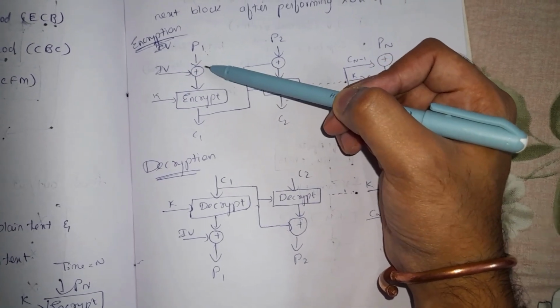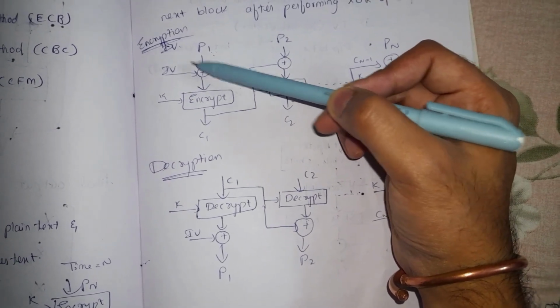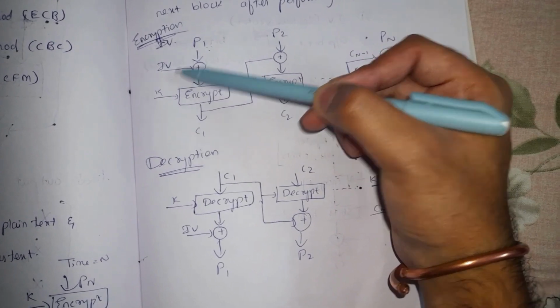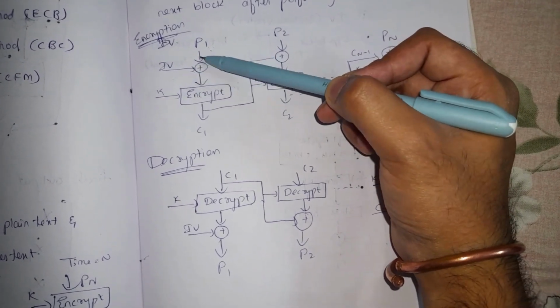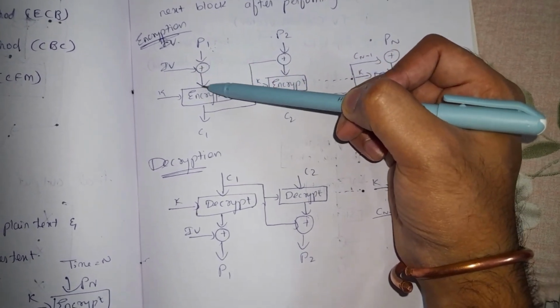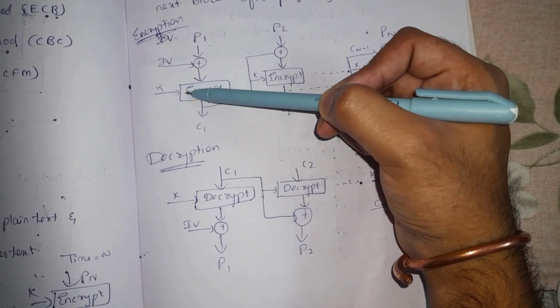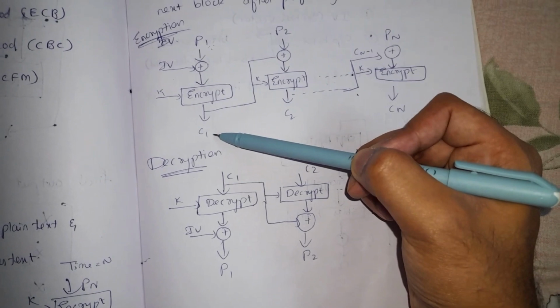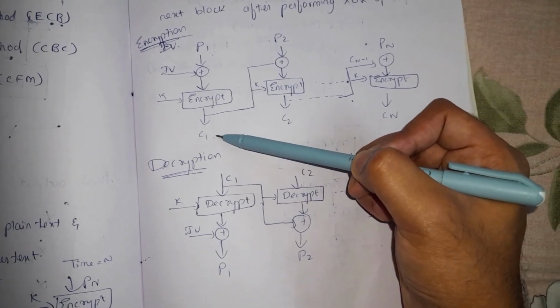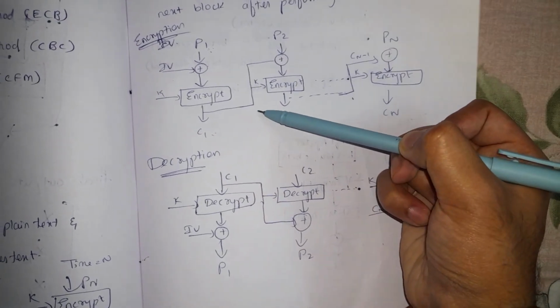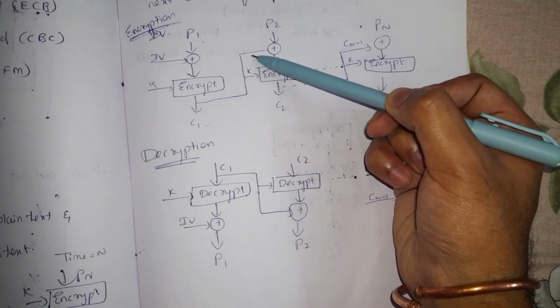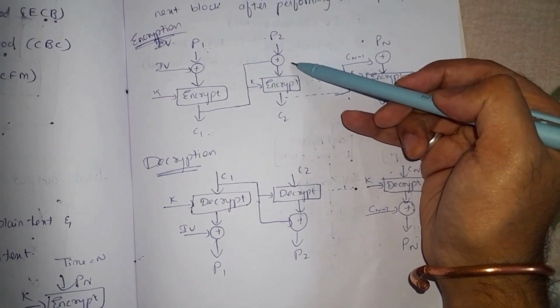We use this output as the input to the encryption algorithm, perform encryption with the help of the key, and obtain the cipher text. Now this cipher text is passed in place of the initial vector for the next round.